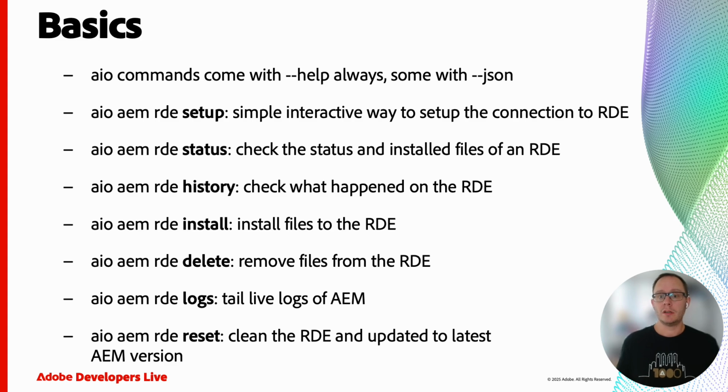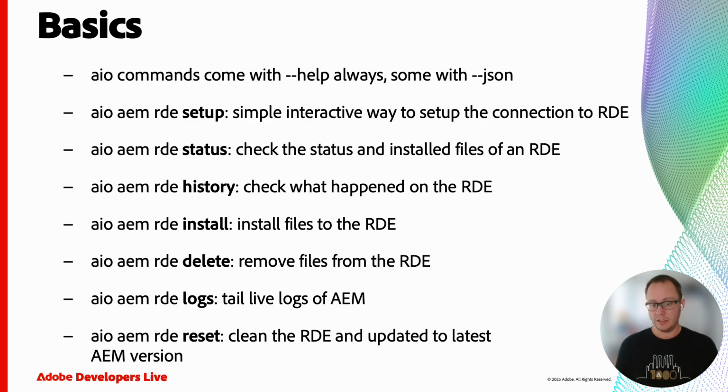There could be the scenario where you install a file and then it has not all dependencies resolved, so it will mention that it has been staged, but you need to upload a dependency, and once the dependency is satisfied, then it will install eventually. So those are the things that you also see in the history. It's always good to check back the history in case you installed something and it didn't work out the way you intended it to do.